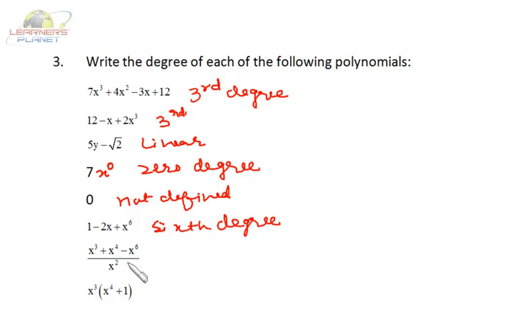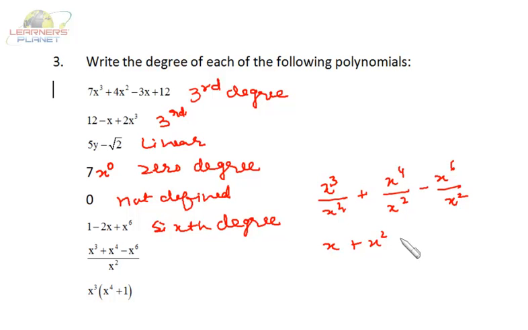In this case first of all we have to simplify it, then only we'll be able to get the actual power of variables. So it's x cube over x square plus x to the 4 by x square minus x to the 6 by x square. So it's x plus x square minus x raised to 4.